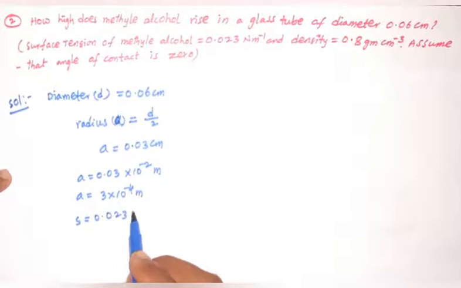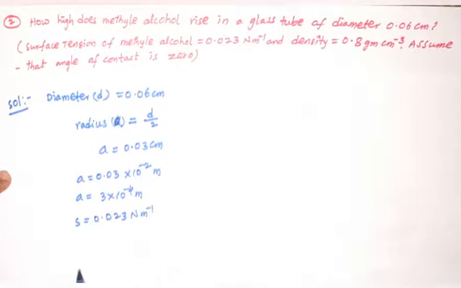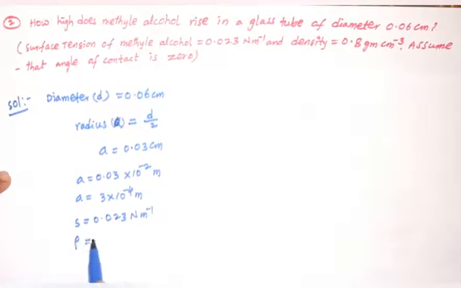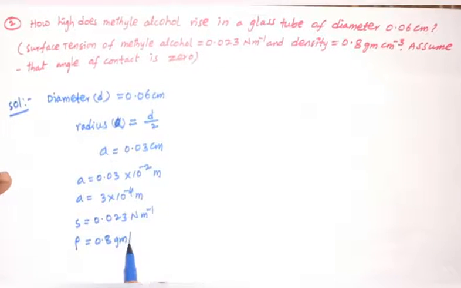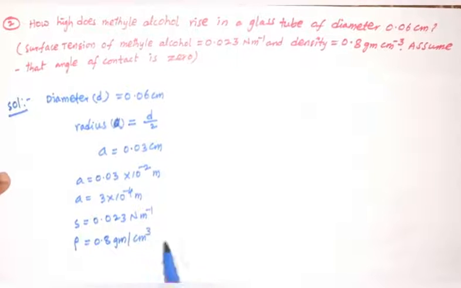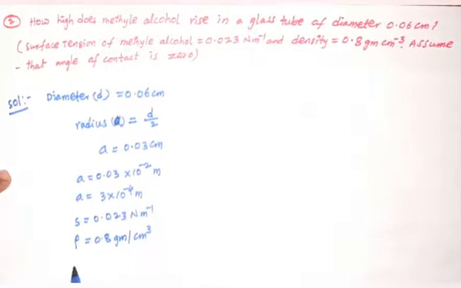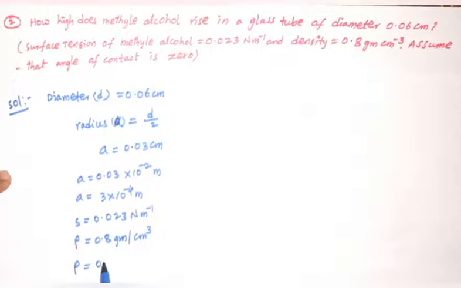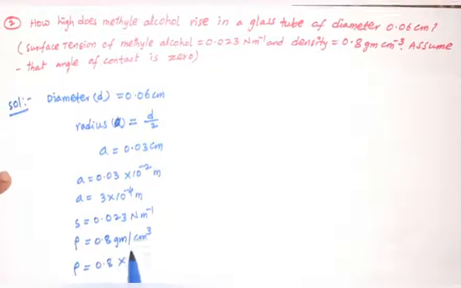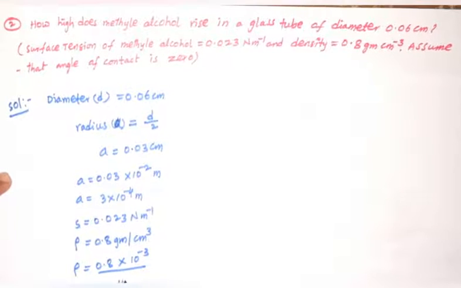0.023 Newton per meter and density rho equals 0.8 gram per centimeter cube. So it is converted to kilogram per meter cube. Rho equals 0.8 into 1 gram, which is 10 power minus 3 kilogram, divided by 1 centimeter, which is 10 power minus 2, whole cube.